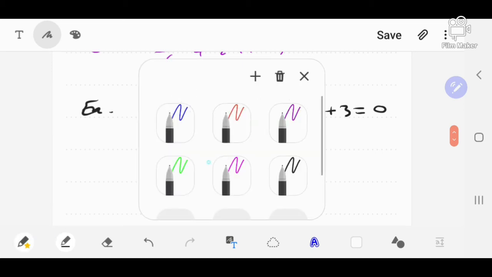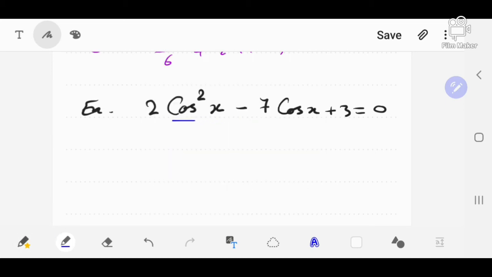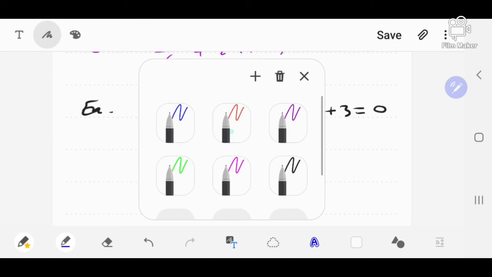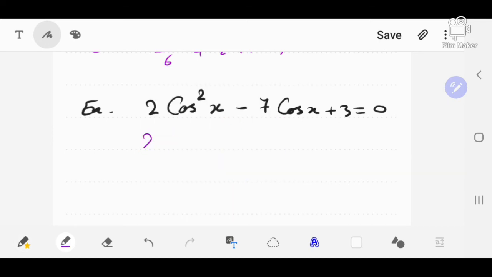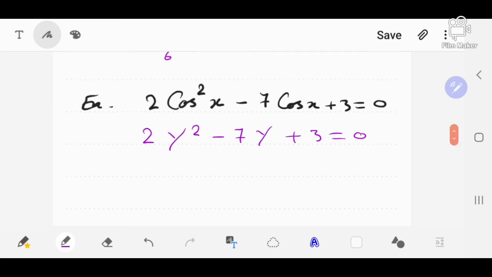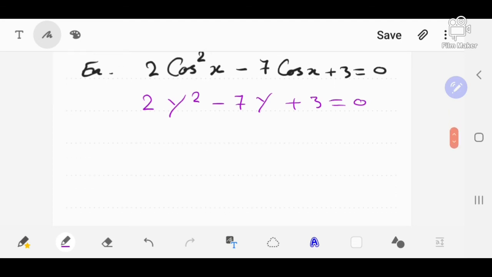Think about it as a quadratic equation. We have cosine squared, cosine. If you remember, we used to think about it as 2y squared minus 7y plus 3 equals 0, and you will be able to factorize this.